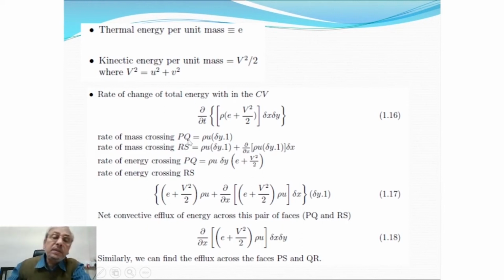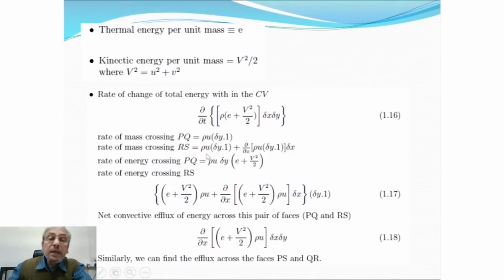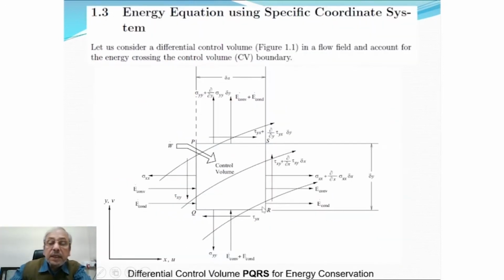Now, rate of mass crossing through PQ, we can very clearly write as rho u into delta y into 1. Rate of mass crossing RS, similarly, we write rho u into dy into 1 plus del x of rho u into delta y into 1 into dx, since RS is dx apart.